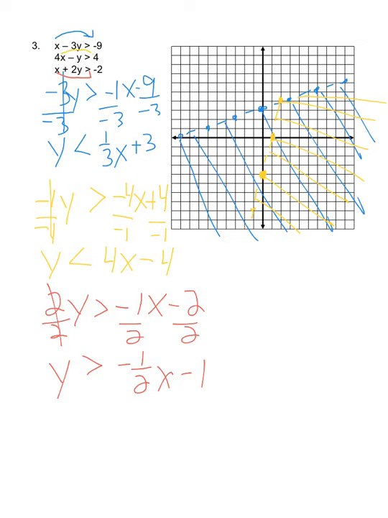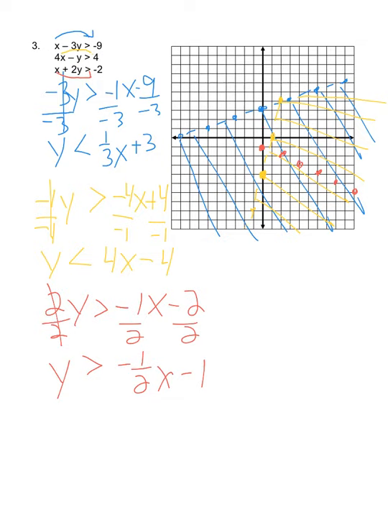So my y-intercept is negative 1. I put a point at negative 1 as my beginning point. And with a slope of negative 1 half, I go down 1 over 2, down 1 over 2, down 1 over 2, and down 1 over 2.